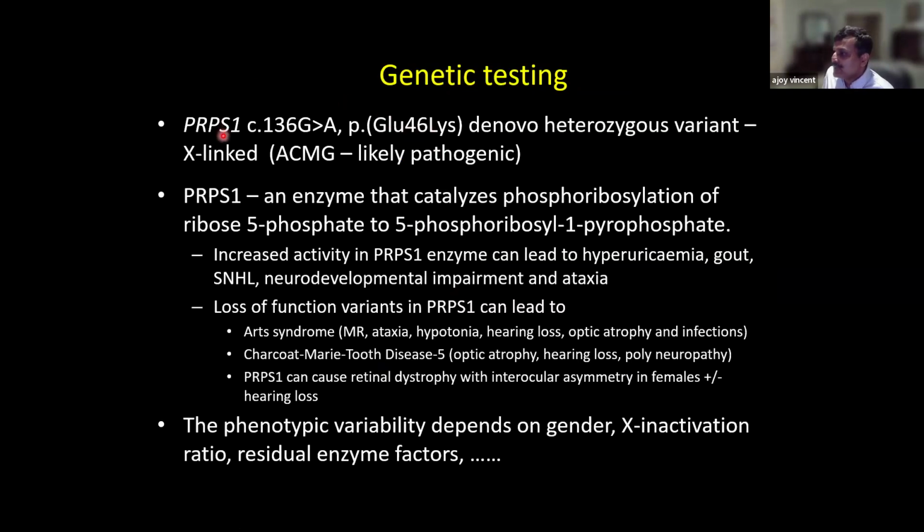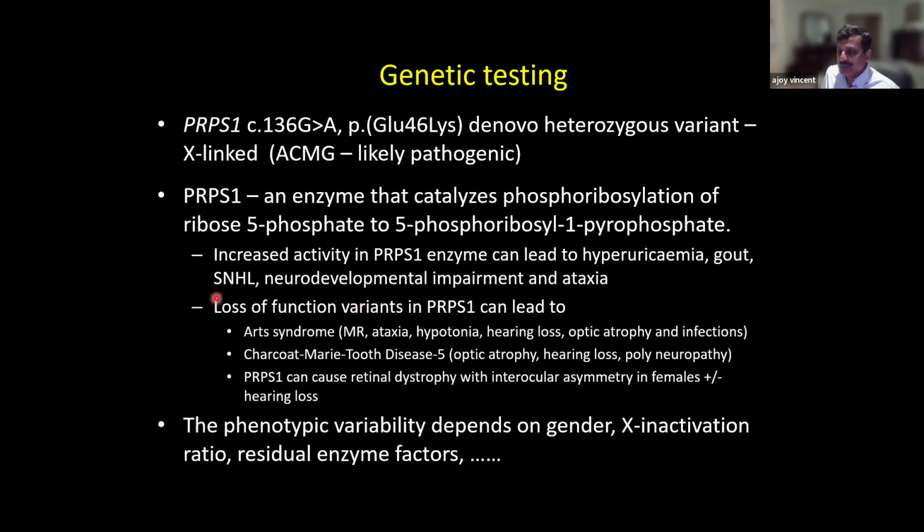There is a de novo variant in a gene called PRPS1, meaning that it was not inherited from either parent, and it was classified as likely pathogenic. So PRPS1 has many issues to the problem. It's an enzyme. If it is increased in activity, it can lead to a bunch of hyperuricemia related problems, sensorineural hearing loss, and neurodevelopmental delay.